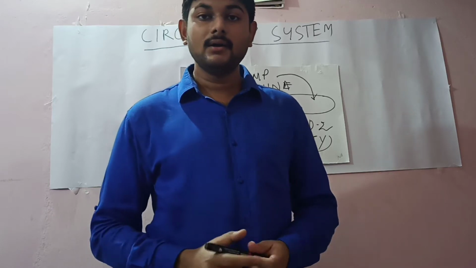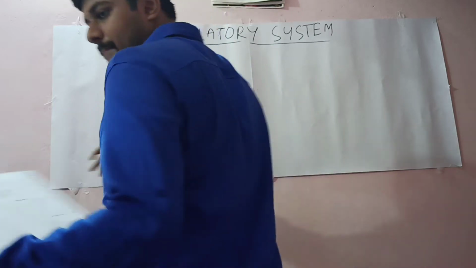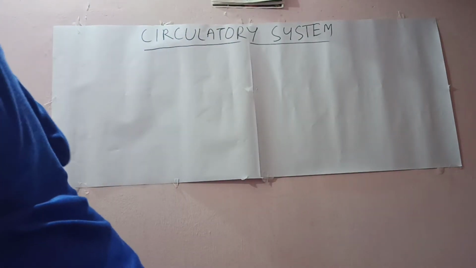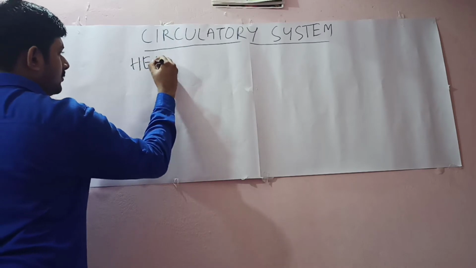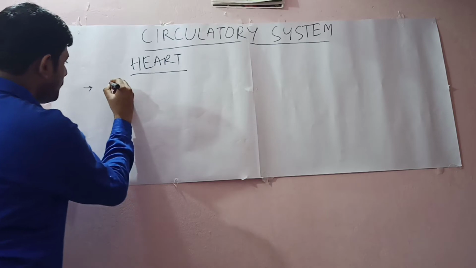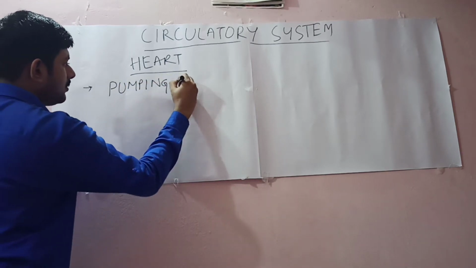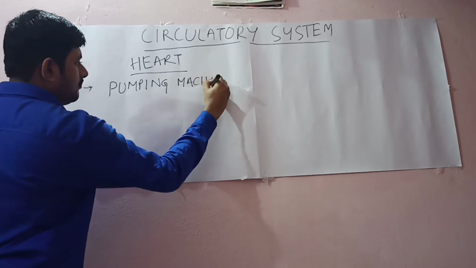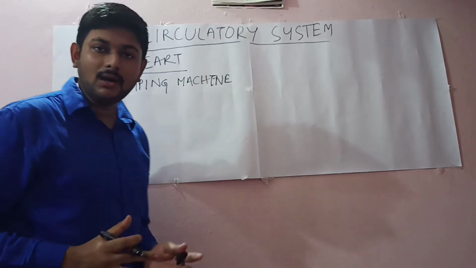Okay, what have we learned? We have learned about the heart. What is it called? This is the pumping machine which circulates blood throughout the body.